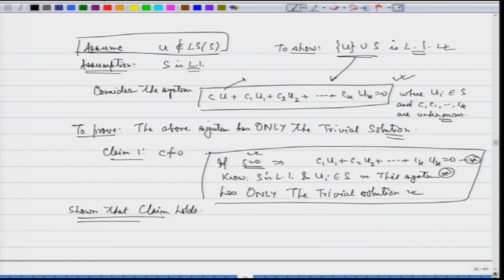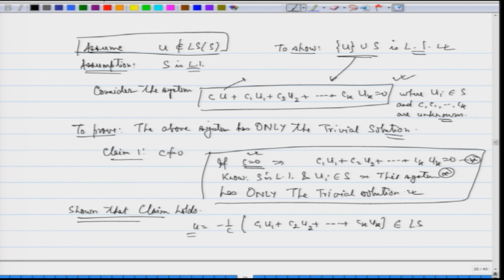Now, if C is not 0, then what happens? I can write U as 1 upon C times C1 U1 plus C2 U2 plus Ck Uk. So, I can write U as a linear combination.